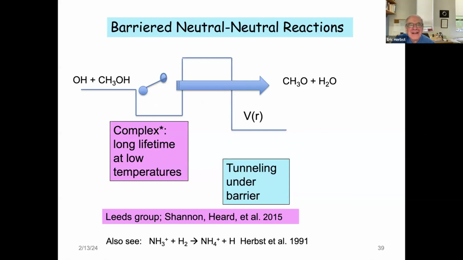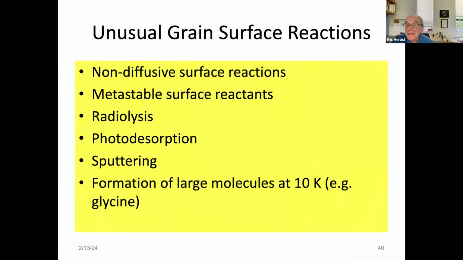So it's very complicated when you have a well and a barrier, and that's what we think is why they have such strange temperature dependence. But these are important in forming low temperature species. There are a lot of these unusual low temperature species which we think occur and can help make these COMs at low temperatures as well as the better understood high temperatures.